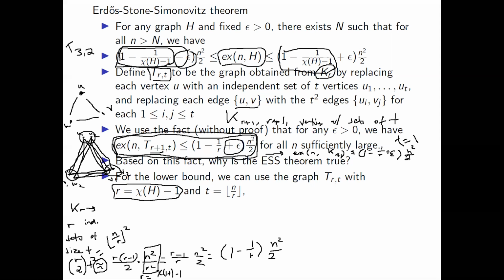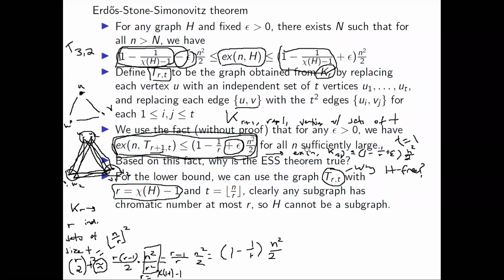We can just use this graph T_r(n). Now, we need to see that this graph avoids our graph H. So why is T_r(n) H-free? We can see that pretty quickly. If we take a subgraph of T_r(n), any subgraph has chromatic number at most r. And this is because T_r(n) itself has chromatic number of r.